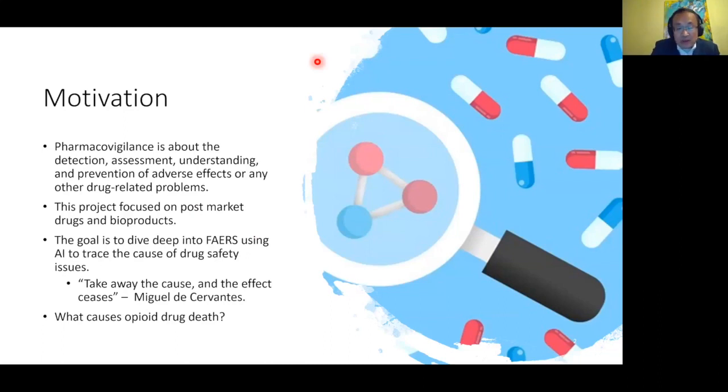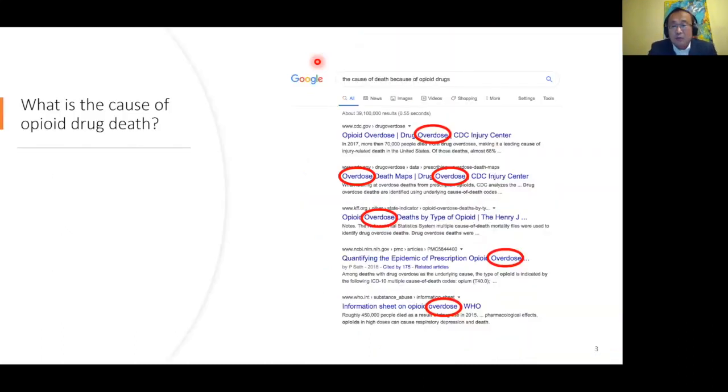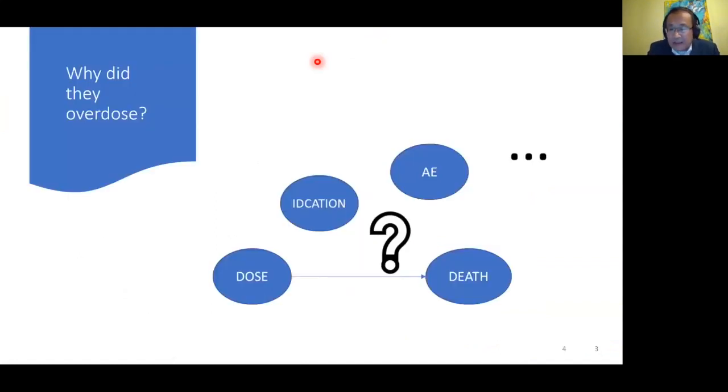If you do a search with Google, you find a lot of web pages pointing to drug overdose. This is obvious, but the question is actually, behind the overdose, what is the reason why people overdose on opioid drugs?